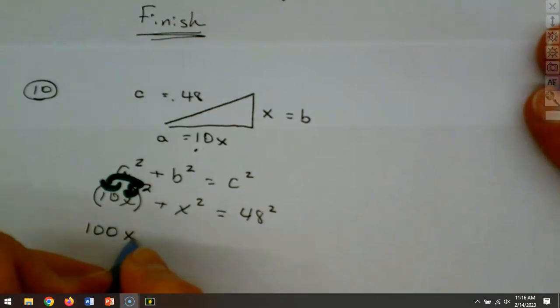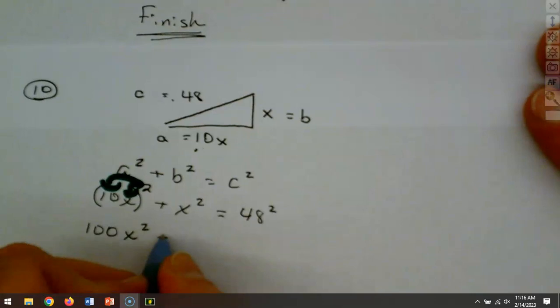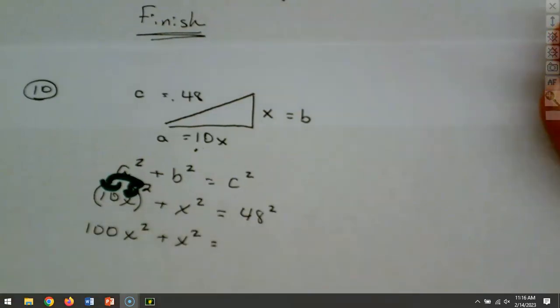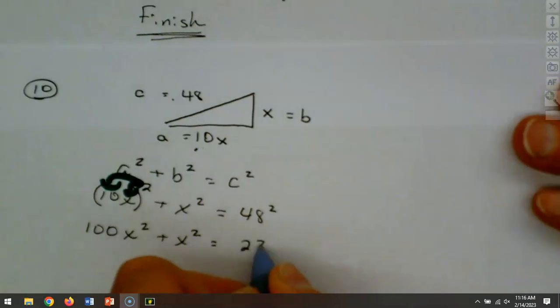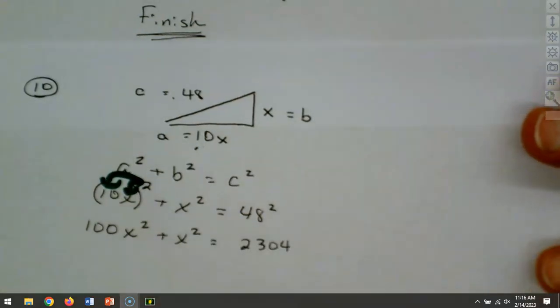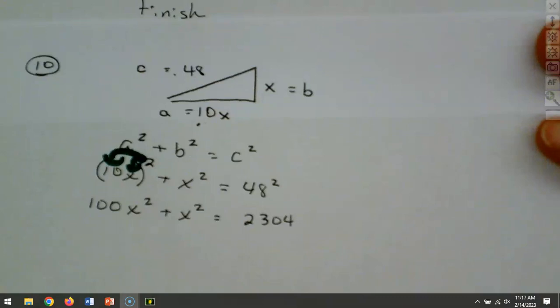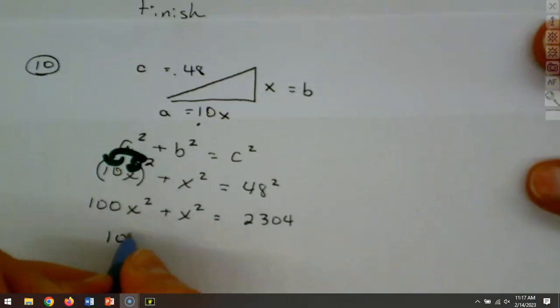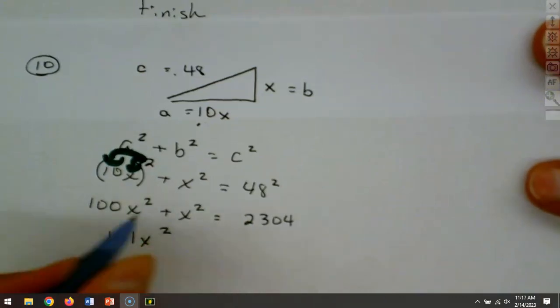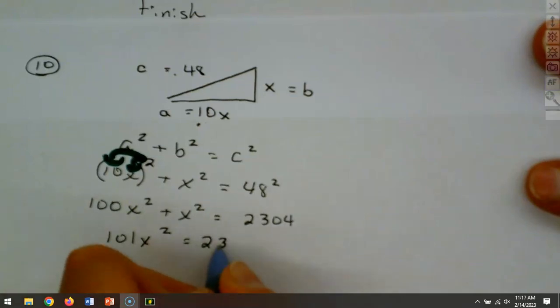So that's going to be 100x squared plus x squared equals 48 squared, and we'll need a calculator. 48 squared is 2304. Are you with me so far there? Now we're going to add these together, and that's going to be 101x squared equals 2304.